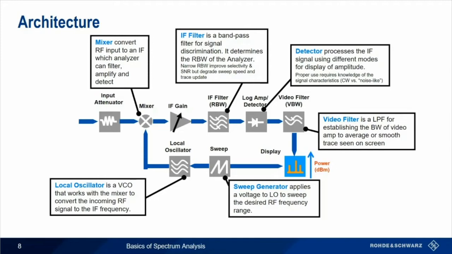Next up is the detector, which will process the IF signal using different modes for display of the amplitude. There's also a video bandwidth filter, or video filter. We'll talk about what that is. And then all of this is used to actually display it onto the display of the spectrum analyzer itself.